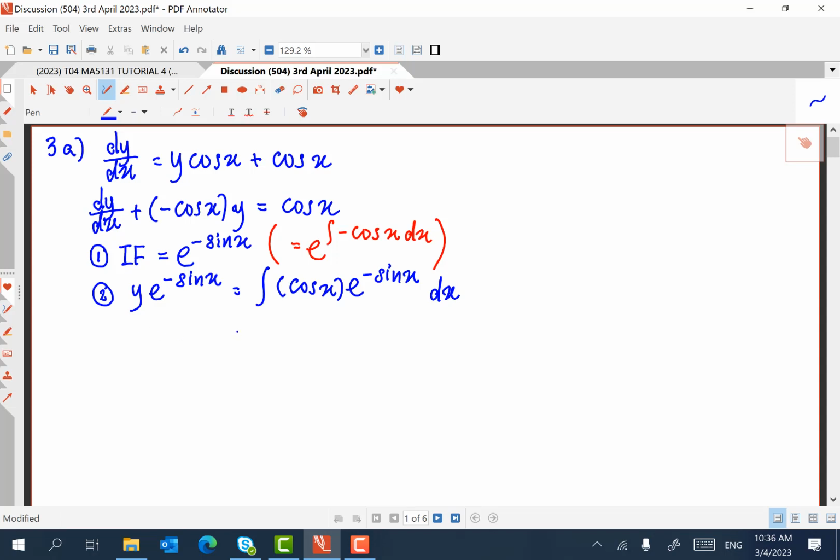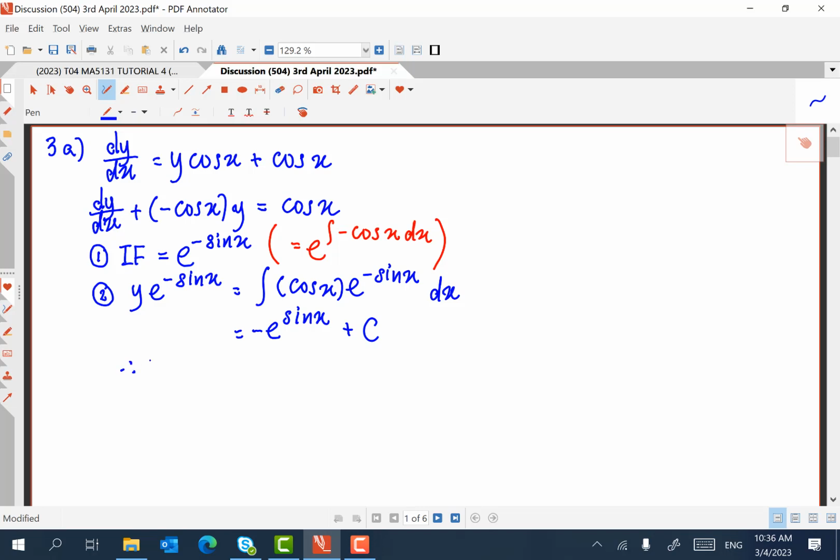And then if you integrate the left hand side, what do you get? You will get e to the minus sine x times y. Do you agree with me?